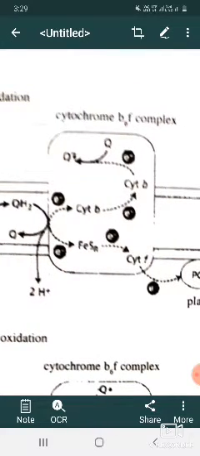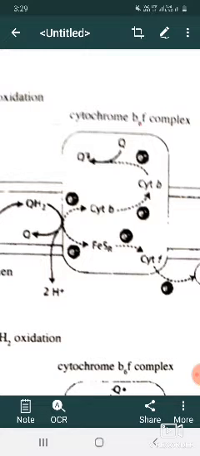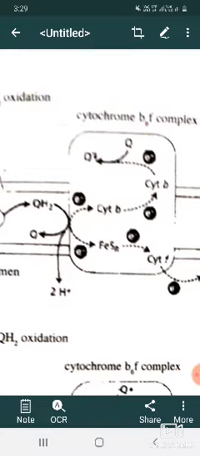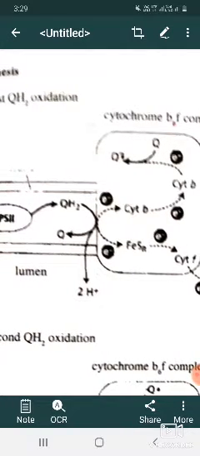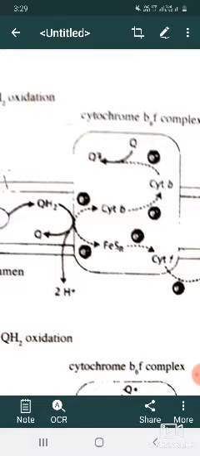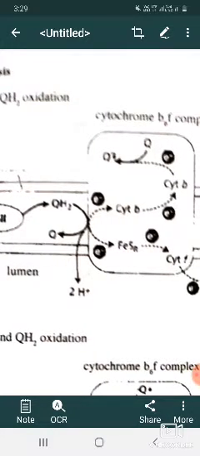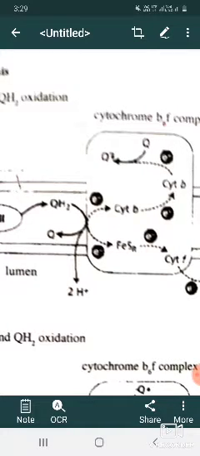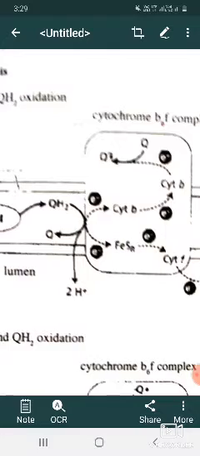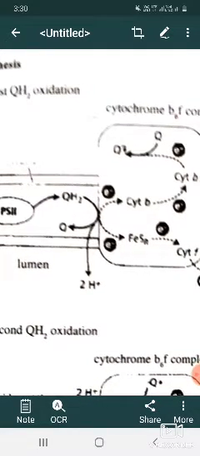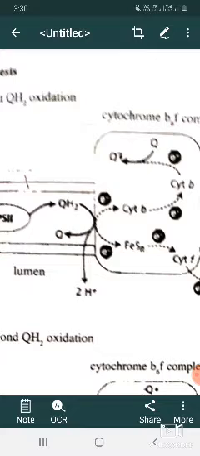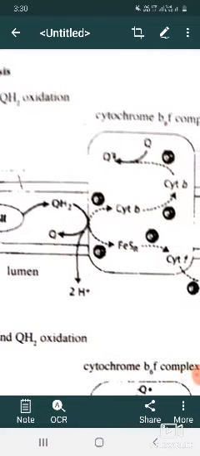One quinone molecule is reduced to quinol by accepting 2 electrons from PS2 and 2 protons from the stroma. It is oxidized towards the lumen side by transferring one of the 2 electrons to the iron sulfur protein and the other to the 2 cytochrome b, and released 2 hydrogens into the lumen, and the electron transferred to the iron sulfur protein ultimately reaches P700.